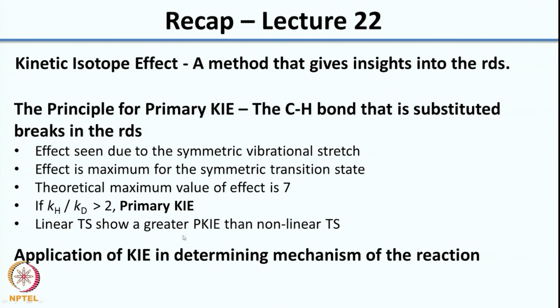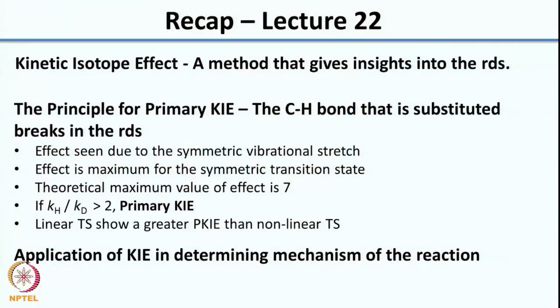And we also saw that a linear transition state shows a greater primary kinetic isotope effect than a non-linear transition state, and this is because in a linear transition state the difference between the CH and CD zero point energies is very less as compared to the difference between the CH and CD zero point energies for a non-linear transition state. And we had looked at the application of kinetic isotope effect in determining the mechanism of a reaction.